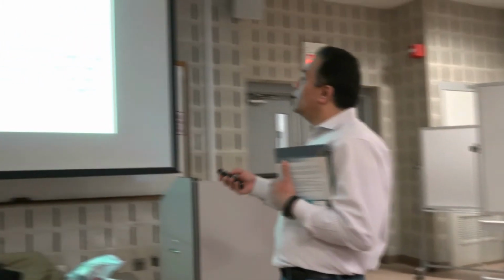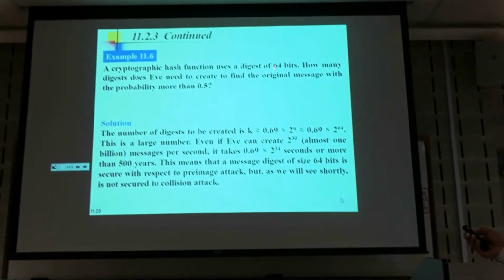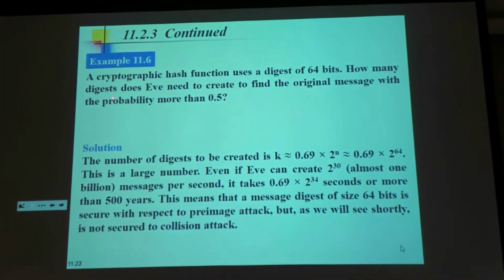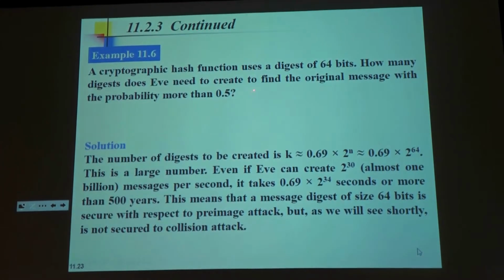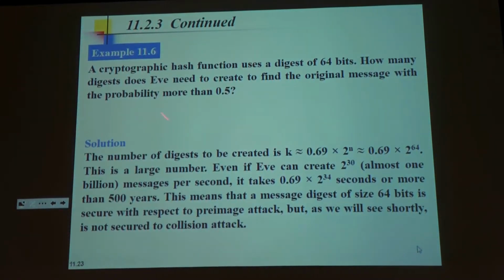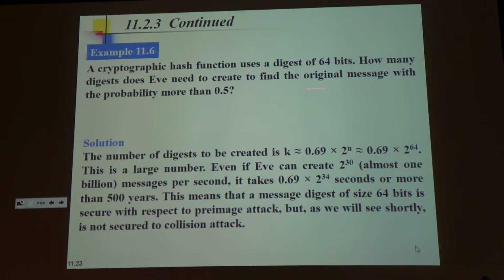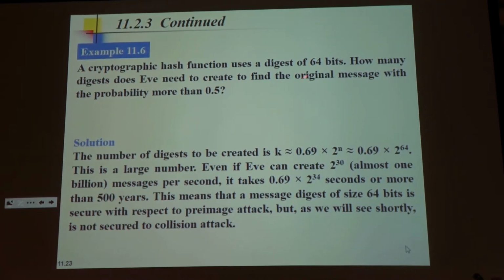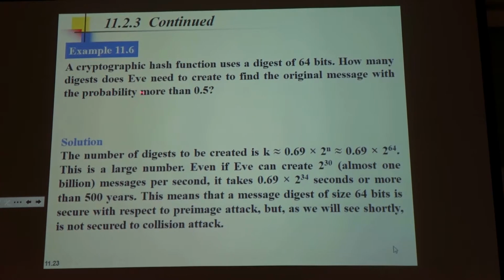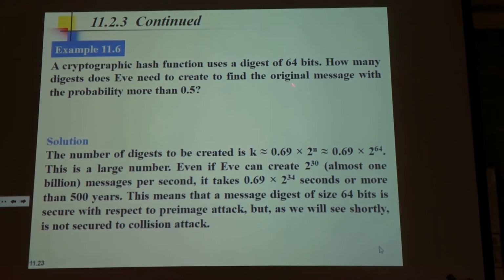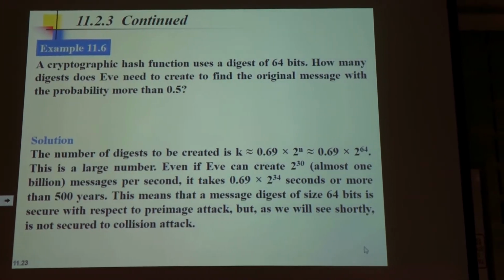Alright. So a cryptographic hash function uses a digest of 64 bits. How many digests does Eve need to create to find an original message with a probability of 50%? So again, what we have in here is a digest of 64 bits.